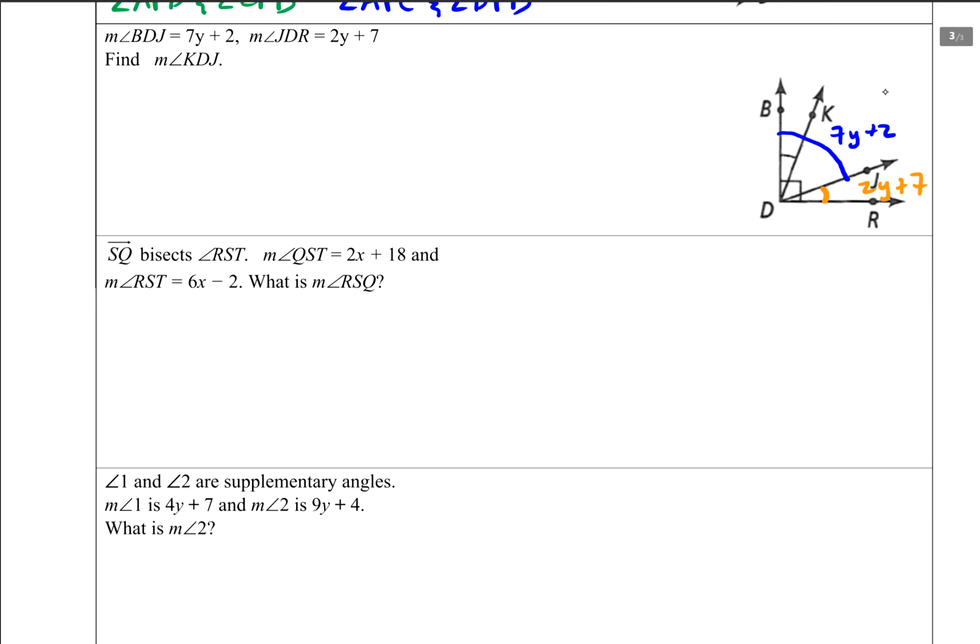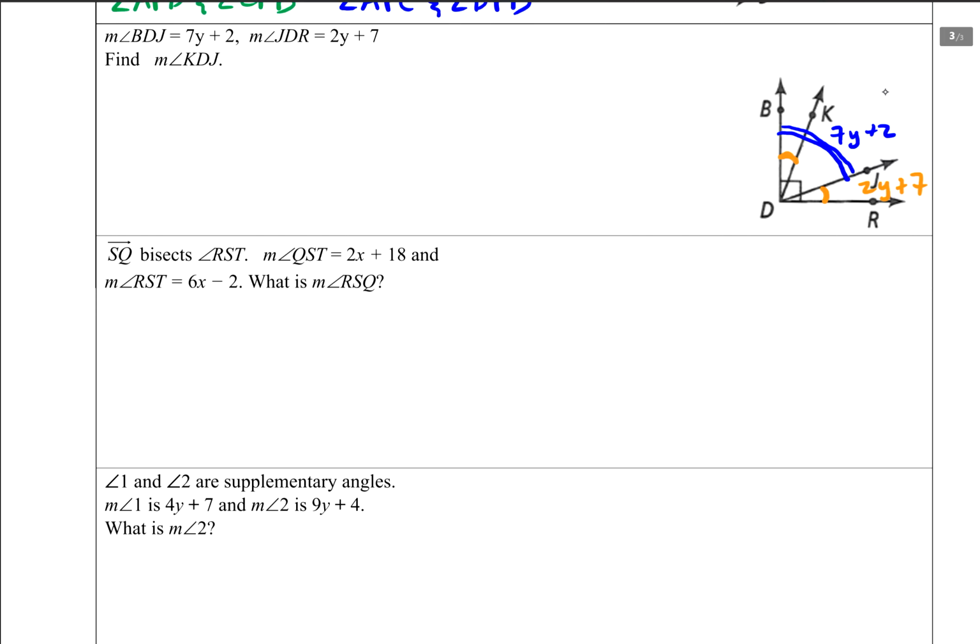I want to know the measure of angle KDJ. We need to put 2 on somebody. Let's put 2 on this one. Why would I do that? What else do I see there? See that. That guy is orange as well.